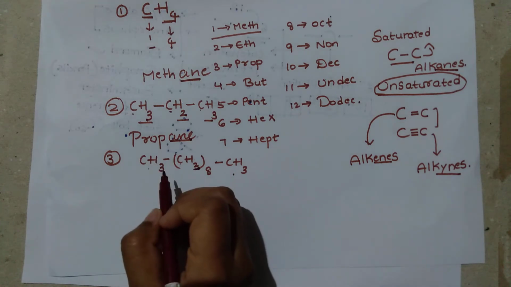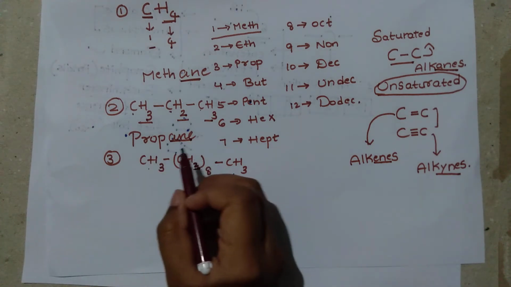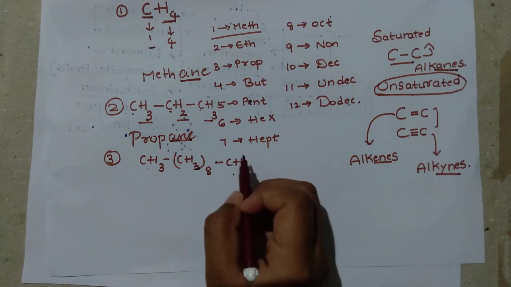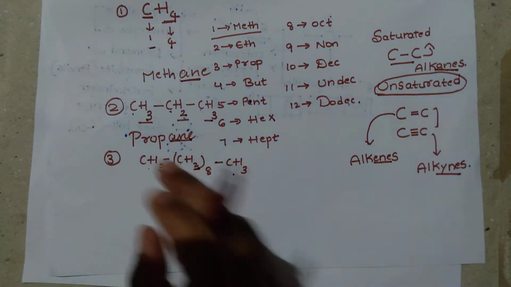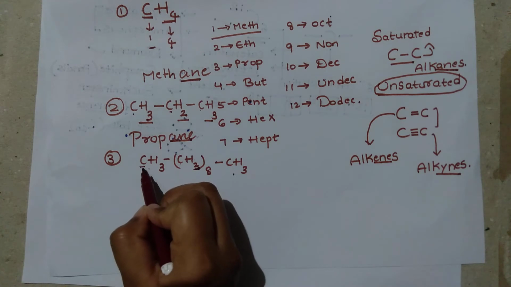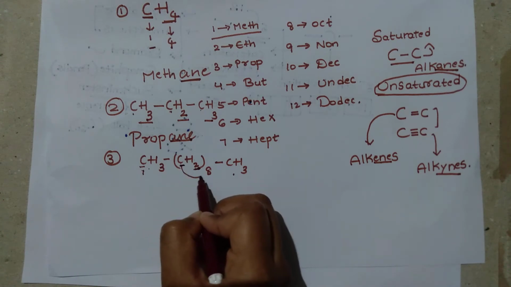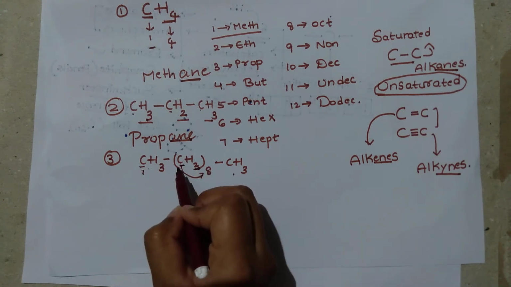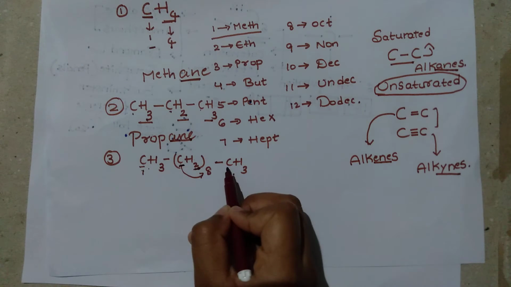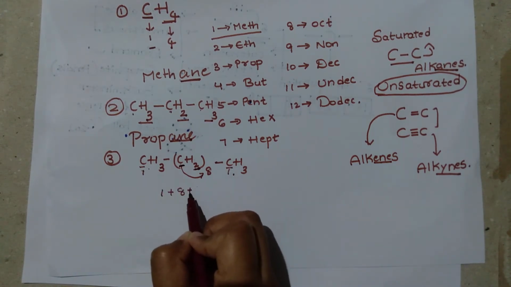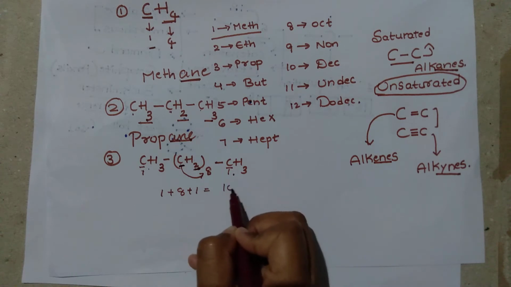So here CH3, CH2, whole bracket 8, and again single bond CH3. So here how many carbon atoms are there? We know it: carbon atom 1. Here the carbon atoms number 8. So 8, again 1. So 1 plus 8 plus 1 is equal to 10.